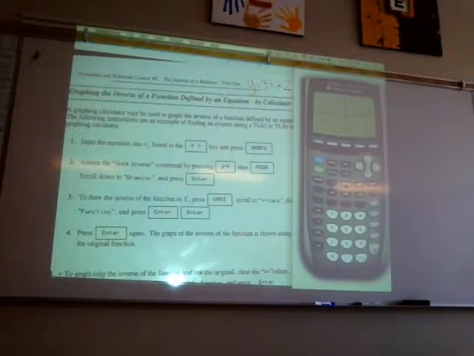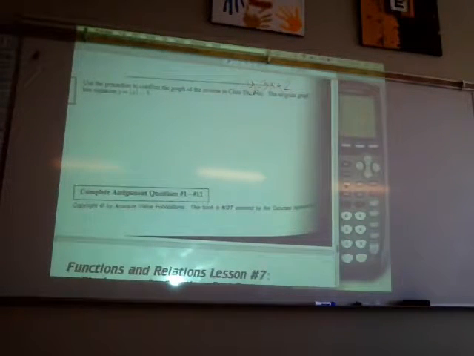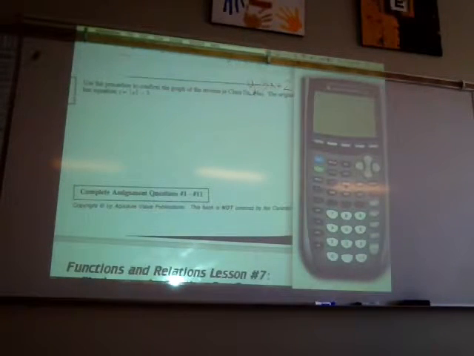Not so bad. What I want you guys to do is practice now. Let's clear this off. Clear the main screen. I want you to practice with the last question on that workbook page. So we're going to graph in our y equals the absolute value of x minus 3. Do you guys remember where to find absolute value? You have to press your math button, and then go over to number, and it's number 1 for absolute value.